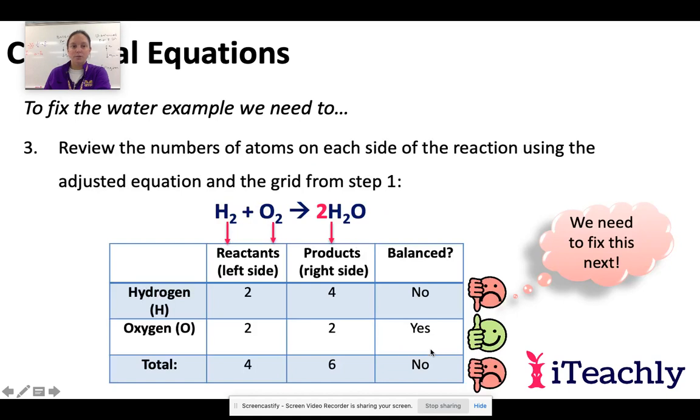So what does that do? Well, then I will have hydrogens 2. What happened to my hydrogens? I now have 2 times 2, that's 4. So now my hydrogen's not balanced. So in balancing my oxygen, my hydrogen became unbalanced and my total numbers are not right. So we're not finished.